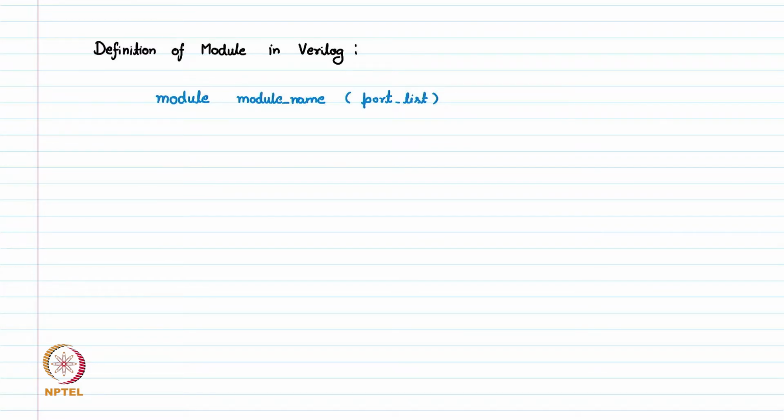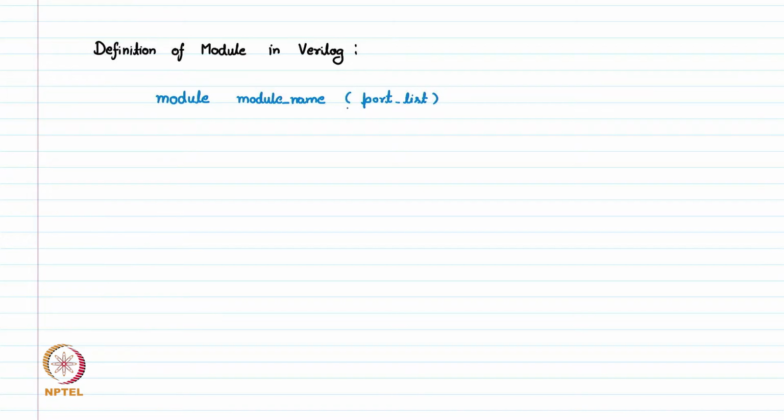So, module, then NAND underscore 1, and in the bracket we will have 3 pins, 2 as input, A and B, and the third one which is out, which is an output. So, we will write A comma B comma out. So, that will be the port list for that NAND module.